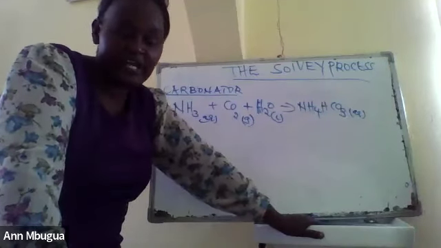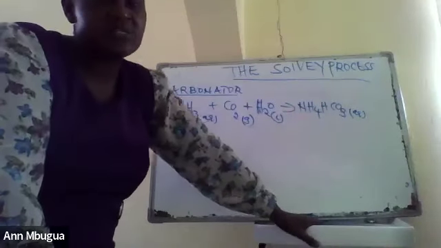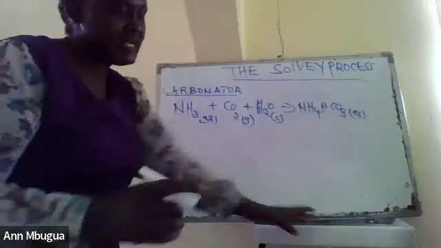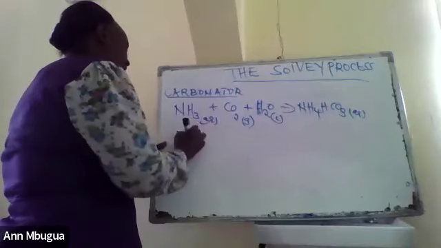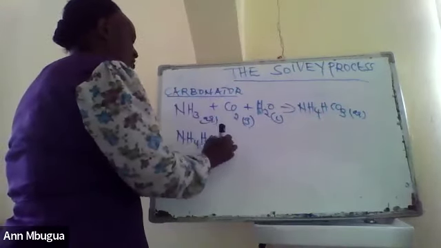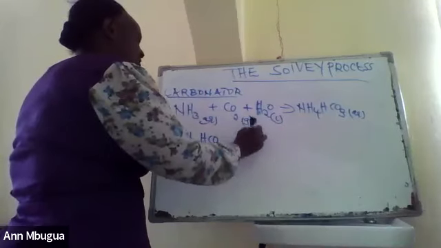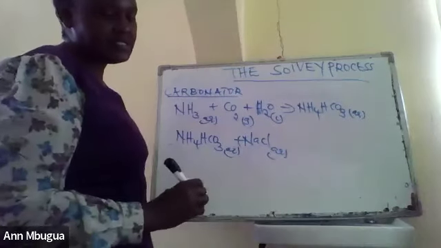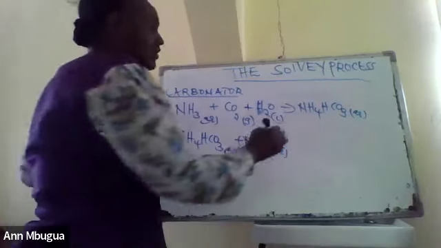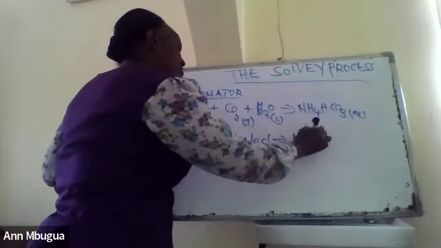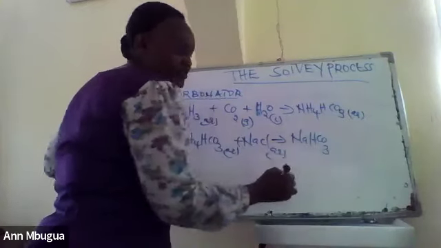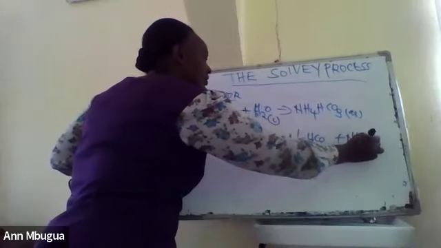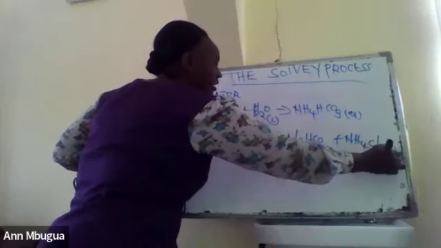Sodium hydrogen carbonate and ammonium chloride. So this is the second equation that takes place in the carbonator. This ammonium hydrogen carbonate reacts with the concentrated sodium chloride from the ammoniacal brine, and the end result is sodium hydrogen carbonate and ammonium chloride.